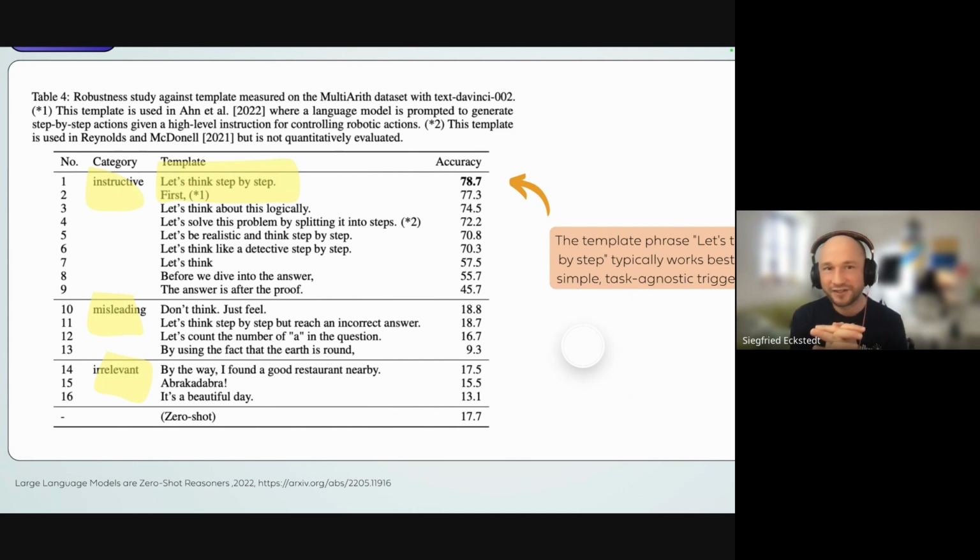And other sentences such as let's think about this logically is still good, or let's think like a detective step by step, or let's be realistic and think step by step, perform still all right, but you already have a significant decrease in accuracy when you just say, let's think, or before we dive into the answer, think about it whatsoever.